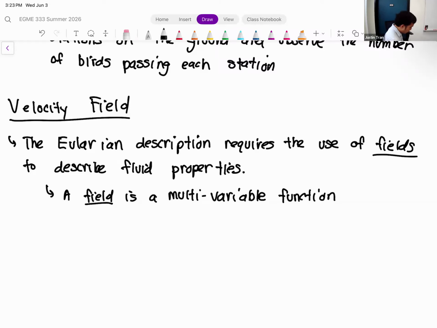More specifically, the variables in a field usually refer to the coordinates in space. And so you have x, y, z coordinates in Cartesian coordinates, as well as time.